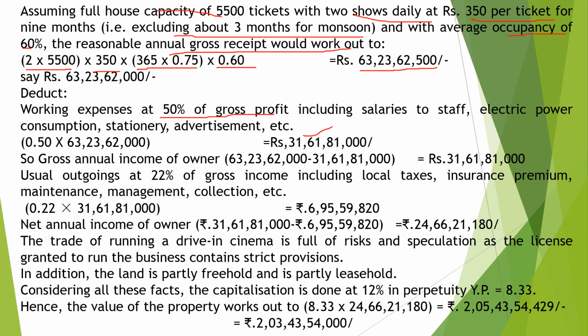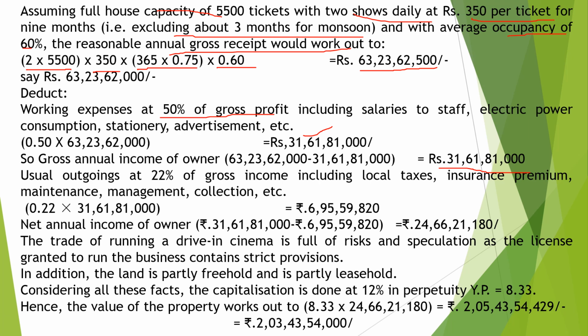So the annual income is about 63 crore 23 lakh 62,500 minus working expenses of 31 crore 61 lakh 81,000. So the net annual income will be 31 crore 61 lakh 81,000.